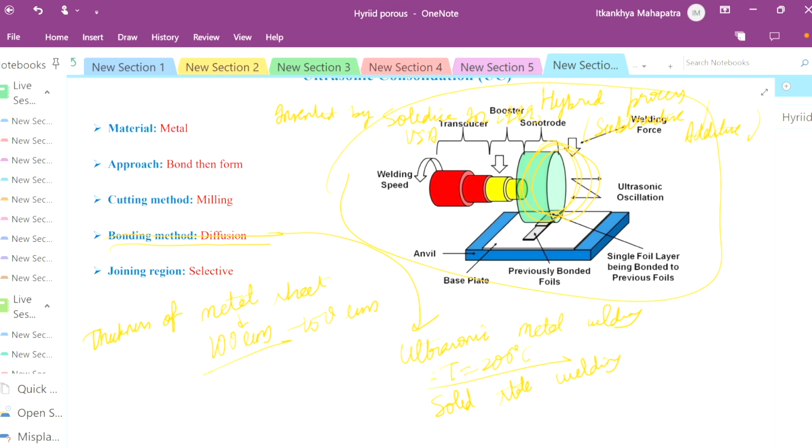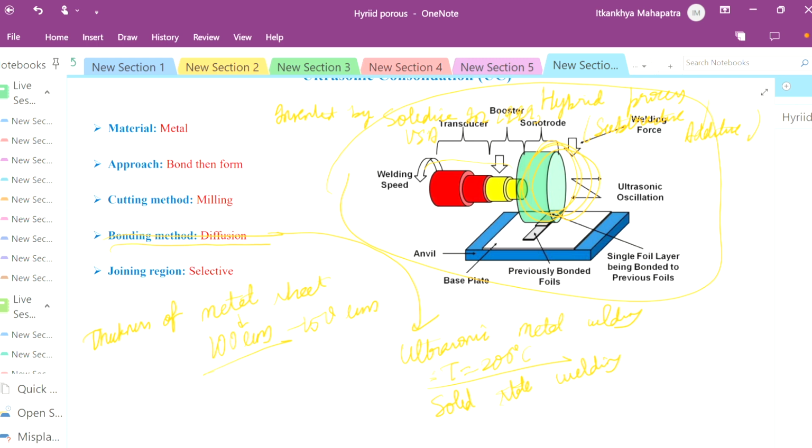This is around 20 to 22 kilohertz, and the amplitude of oscillation is between 5 to 40 micrometers, in this transverse direction.